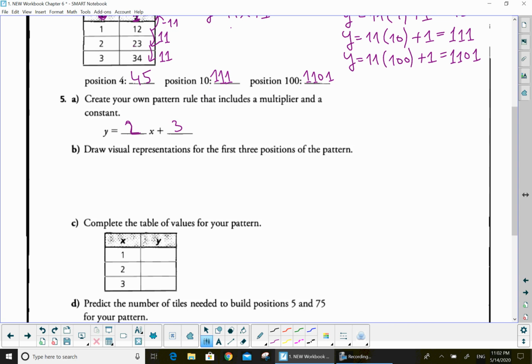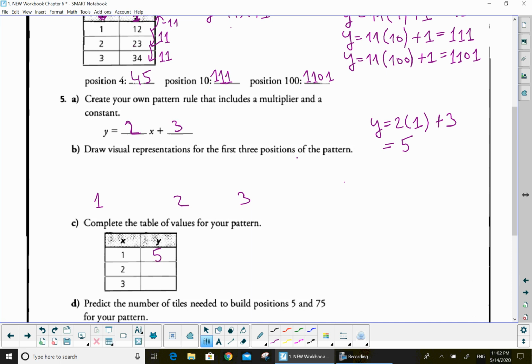So I'm going to do an example. You guys can do a separate one. So let's say my multiplier is going to be 2, and my constant is going to be 3. I'll keep it simple. I'm just going to erase these dots. So draw a visual representation. Here's my first position, second, and third.